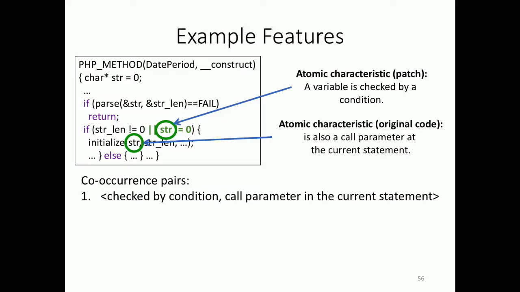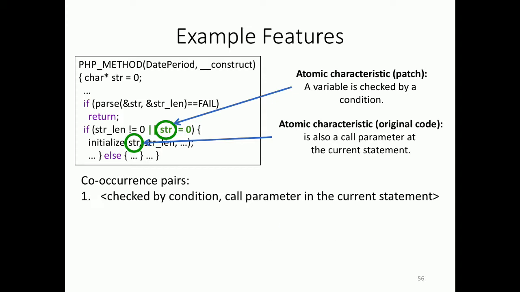So here's a concrete example. Back to this example, the variable str is checked by a condition in the patch, and the same variable is also a call parameter in the current statement in the original code. So through this variable, it establishes an interaction between the patch and the surrounding code, and it will be collected as such a co-occurrence pair.